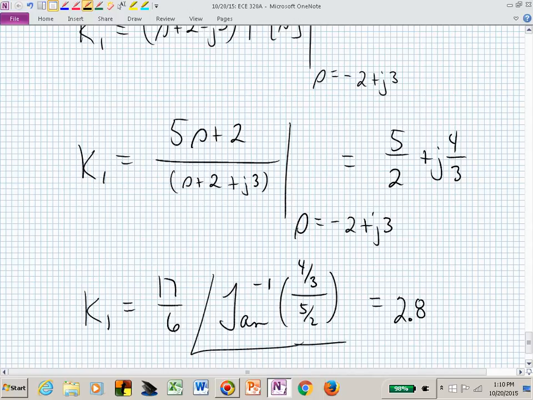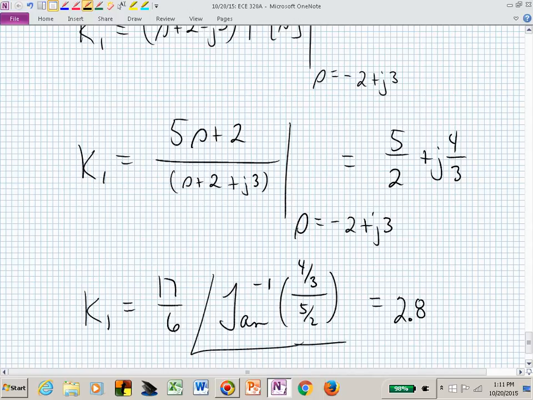What do I have in the denominator? j6 or 6j, and then in the numerator I'm going to have some minus 8 plus j15 if I'm doing the algebra right. And if you simplify that, you end up, I hope, with 2.5 plus j 1 1/3. That's where that came from.